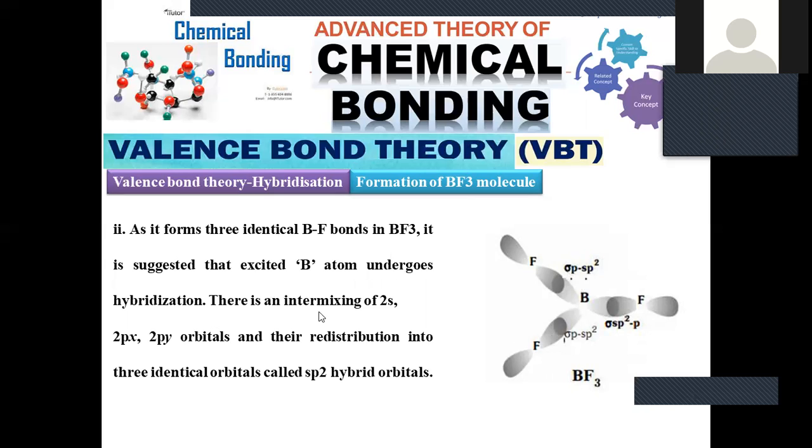There is an intermixing of the 2s orbital with the 2px and 2py orbitals of boron. The redistribution of electrons is possible in order to get this sp2 hybridization, and these 3 lobes are separated by the bond angle of 120 degrees.